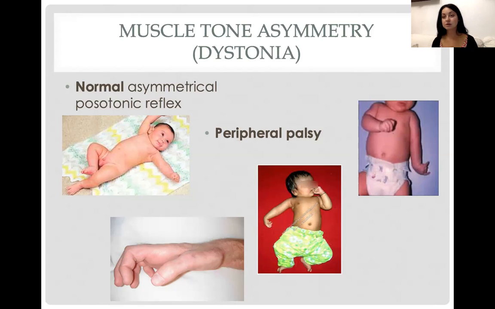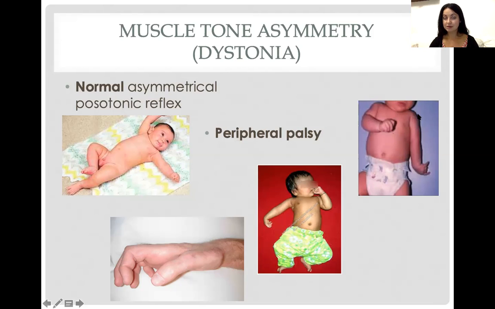It disappears by the age of 2-3 months. But when you don't move the head, like in this picture, technically the child's head is in a normal position, but he has one arm with normal tonus and the left arm completely extended. So they are not symmetrical.